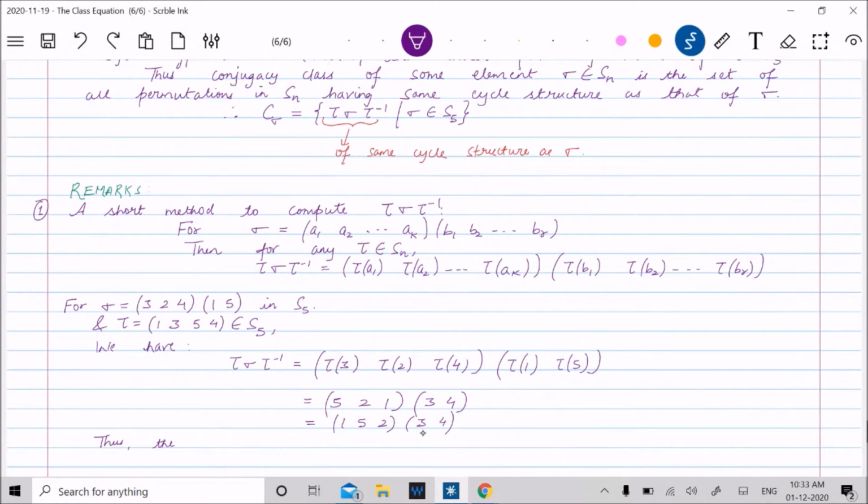So the symbols in sigma have been relabeled, not replaced, relabeled by tau, right? Hence tau is called relabeling map.